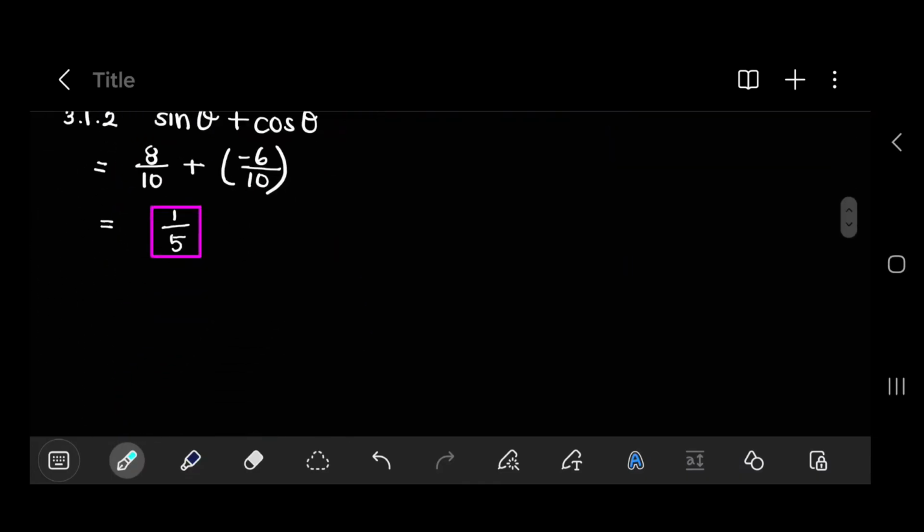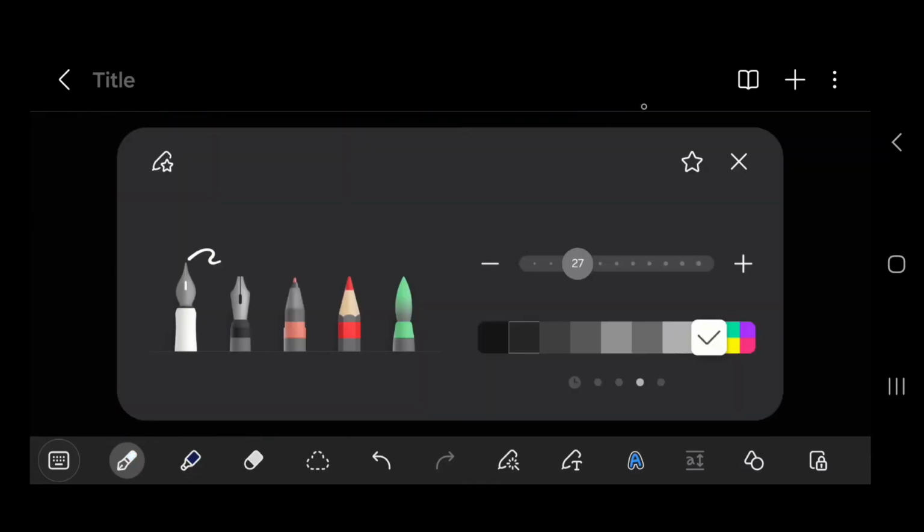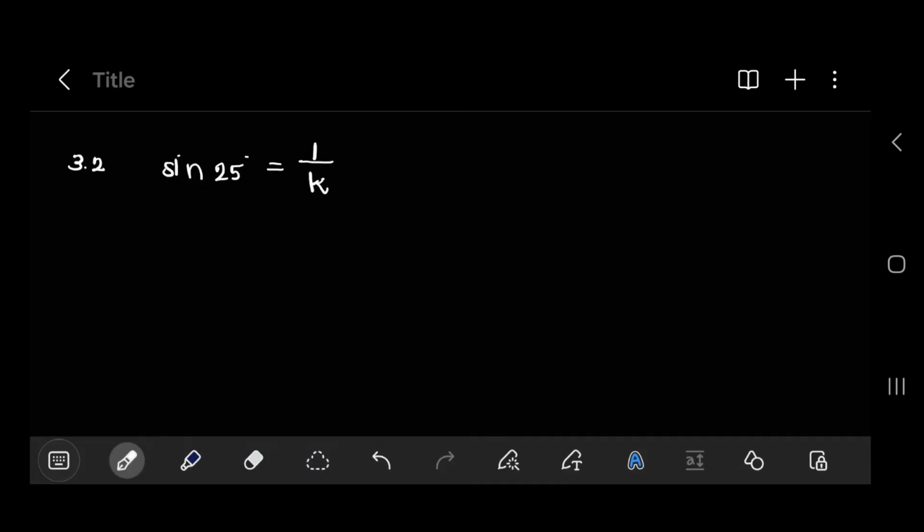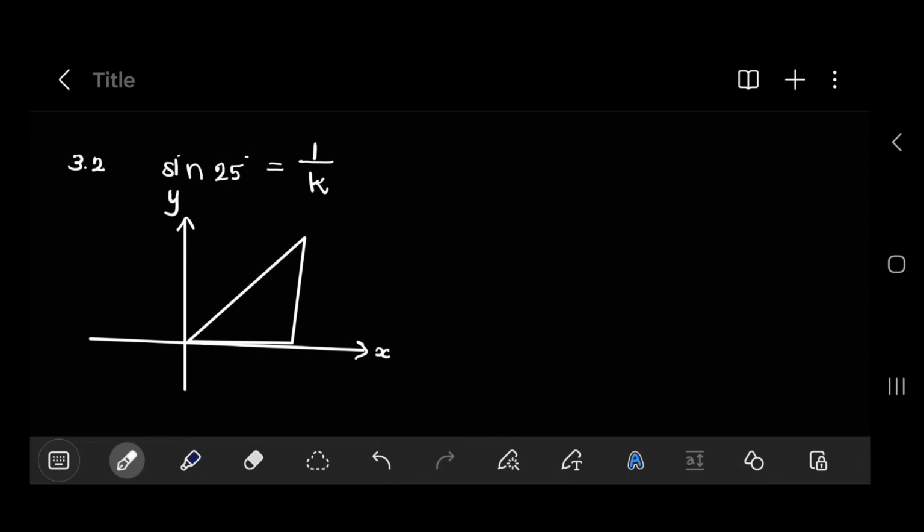So here's what we're given, right? And to draw a triangle to match this, your triangle is going to be in the first quadrant. And how we know it's going to be in the first quadrant is because our angle is 25 degrees. So 25 degrees definitely has to lie in the first quadrant. Just want to draw this triangle a little better. So that is slightly better.